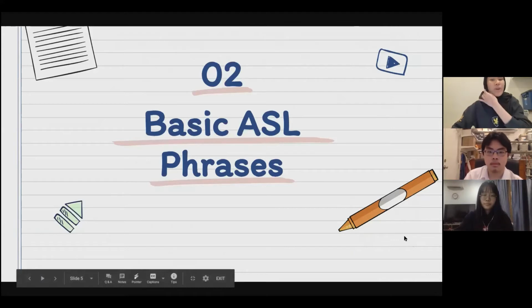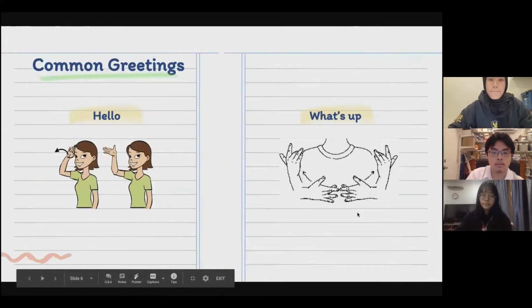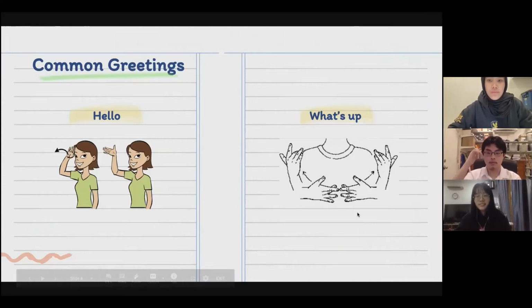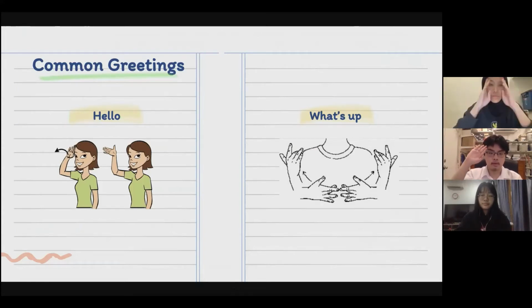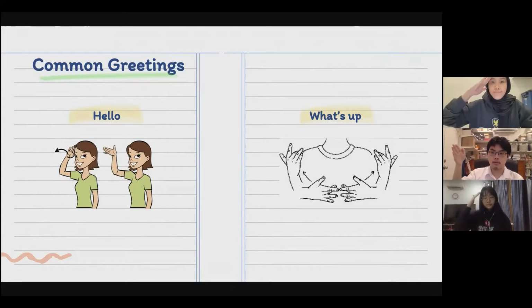So next, we are going to learn some basic ASL phrases. So first would be probably the most basic one, the basic greeting, which is hello. So to say hello, you will start here, and you will move your palm to the right.